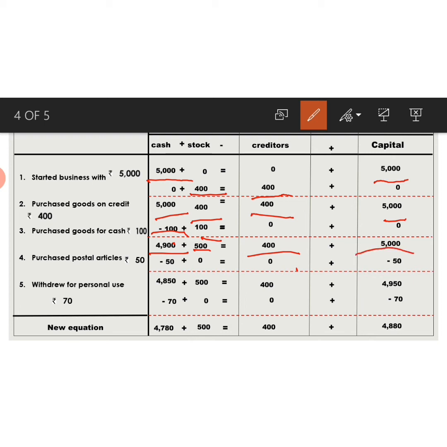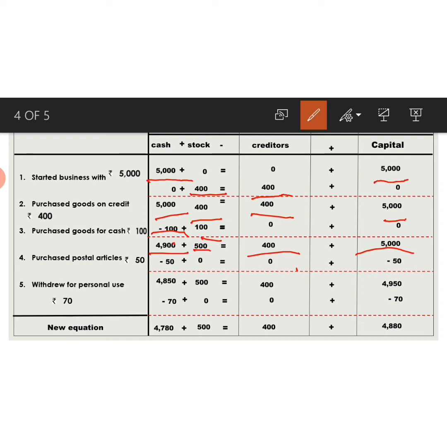And coming to the fourth transaction, purchased postal articles rupees 50. Now, postal articles is not stock, or they have not been purchased in the form of goods. So this 50 should appear twice. Since you're purchasing it with cash, you gave cash to purchase the postal articles, it will appear on the cash side.